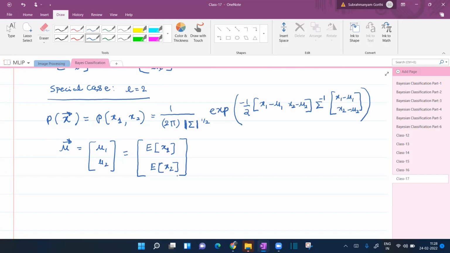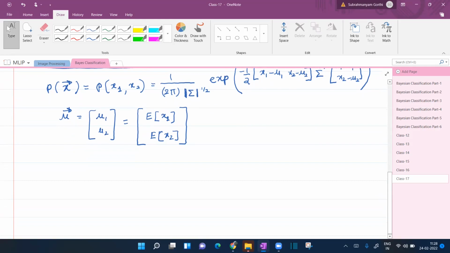Now, the next question is, how can you write this matrix in terms of expected values? The covariance matrix is the expected value of what? In a one-dimensional case, how did I write it, so that it becomes clear to you?